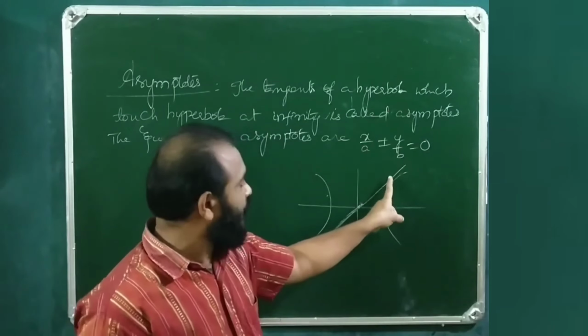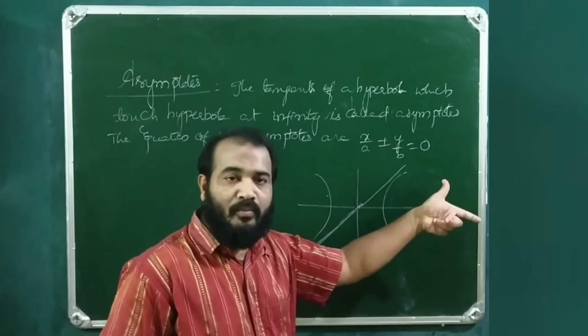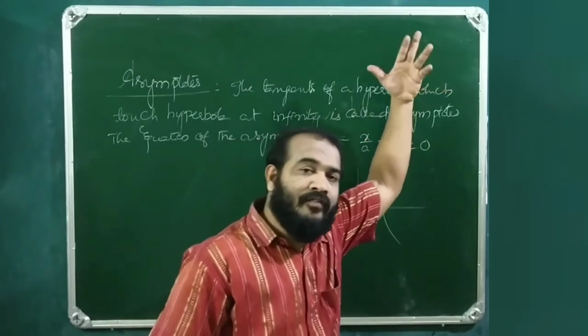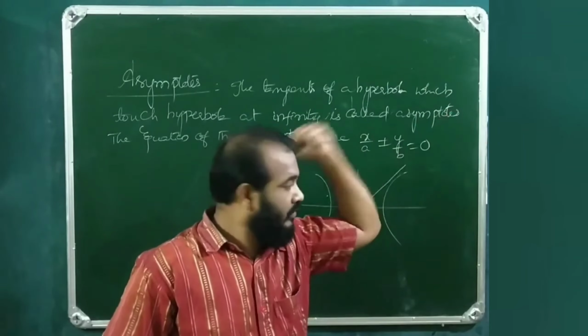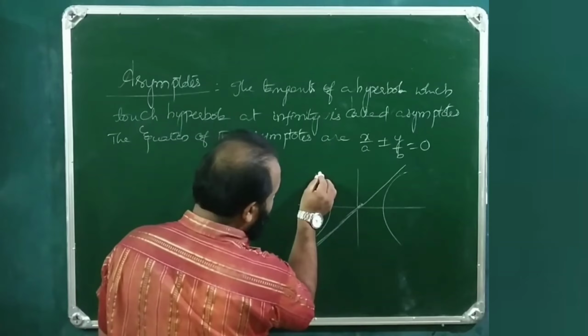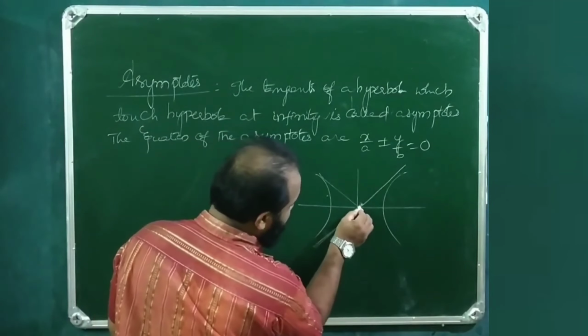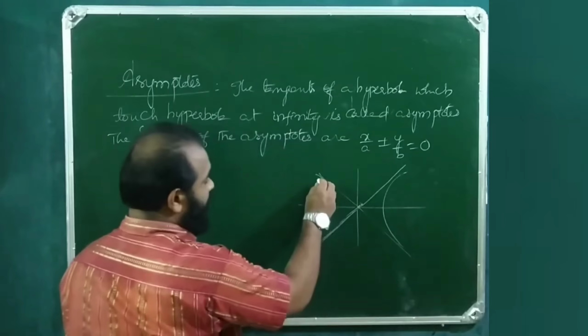We cannot show it in the diagram because this line touches the hyperbola at some point which is at infinity. Likewise, there is another tangent which touches the hyperbola at infinity, somewhere here it will touch.